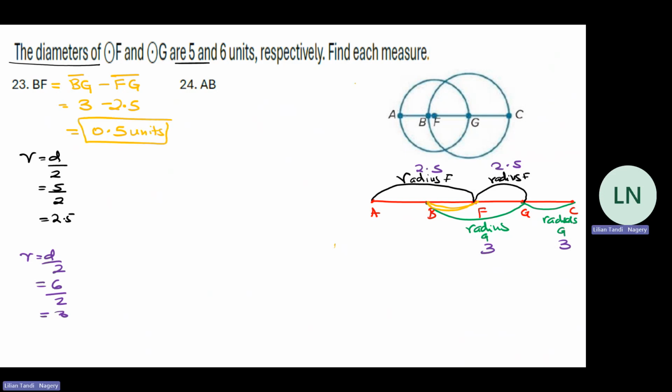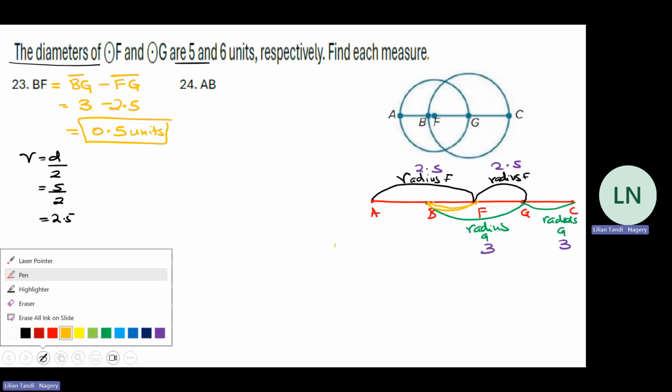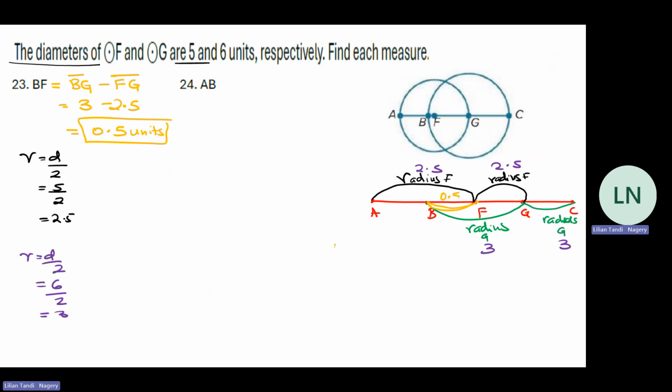Now the question says I should find AB. Now that I know BF, I know BF is 0.5. To find AB, I will remove BF from AF.